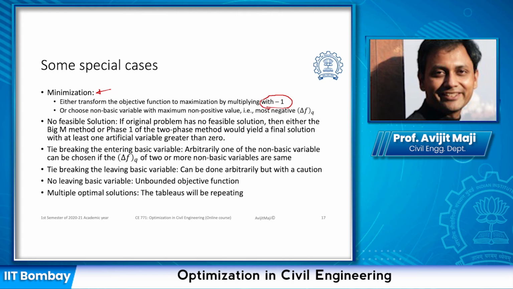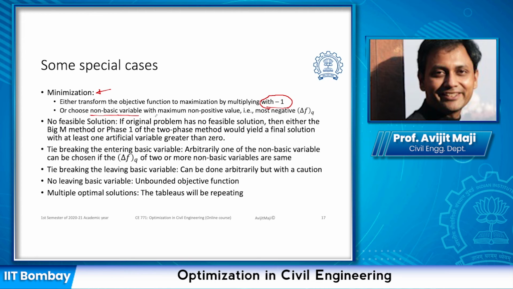Or if you recall, we said that whenever we are choosing a non-basic variable, we should choose the maximum positive value and replace that non-basic variable with the current basic variable that reaches the 0 value sooner or which has the ratio the least.